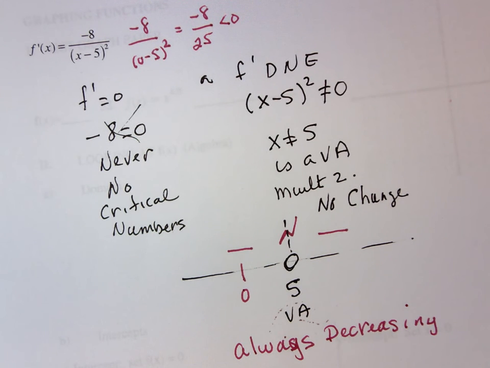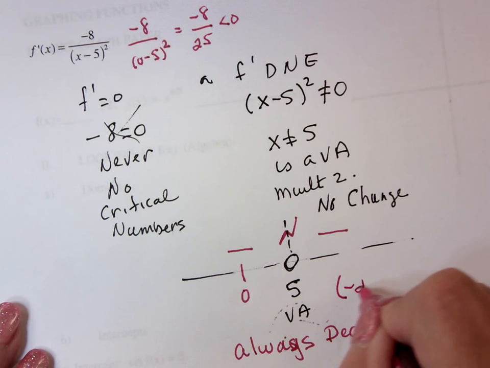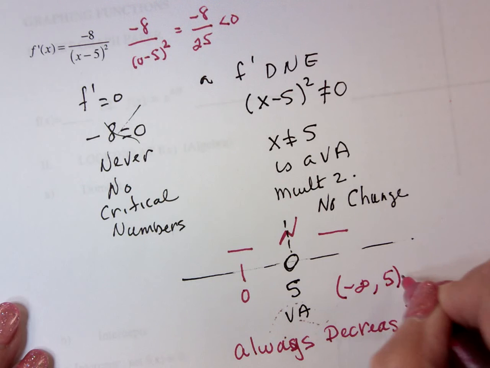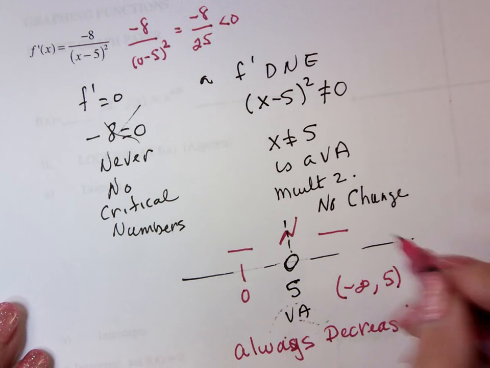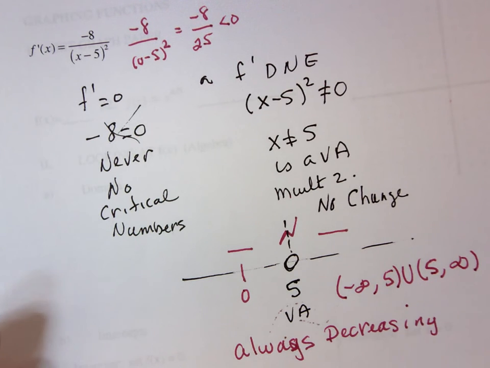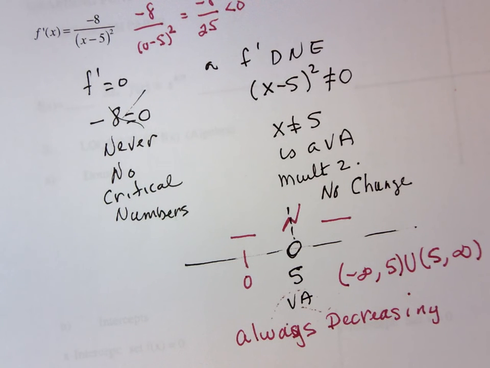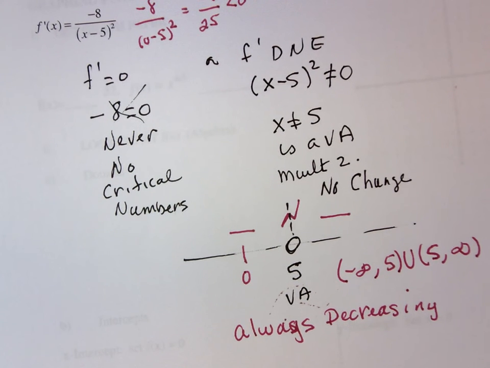How would you write that? You'd have to do minus infinity to 5 because 5's not in the domain. Five's a VA, he's not in the domain. That's why I put an open dot there, in particular because he is a VA, because he's neither increasing nor decreasing at the VA.